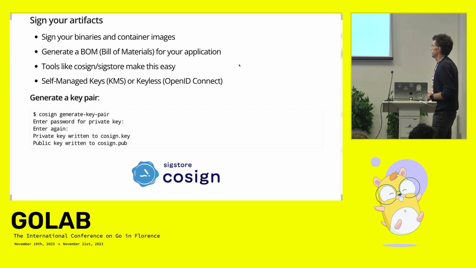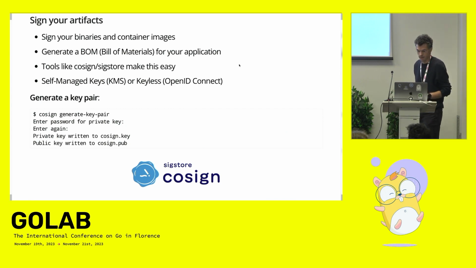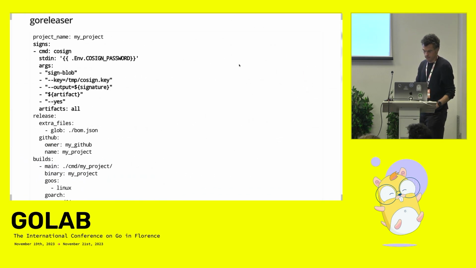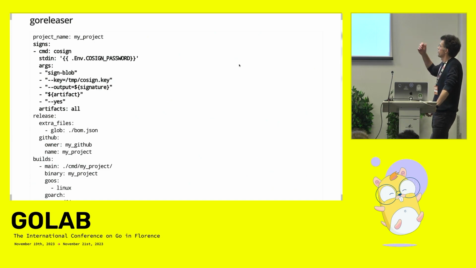In this example, we generate a key pair, and it's then stored. For instance, if you use GoReleaser to release your code, it's relatively easy.